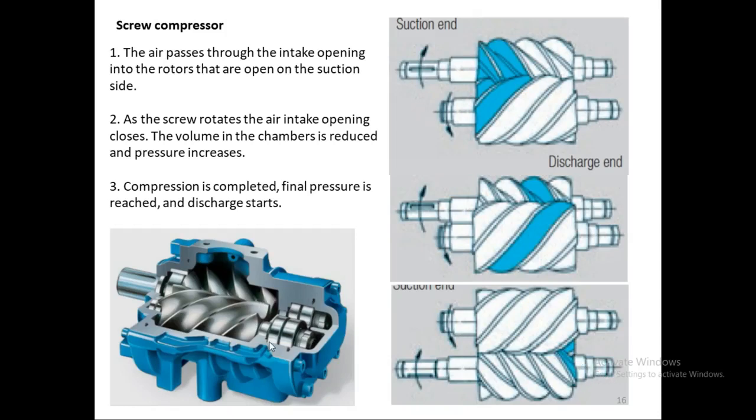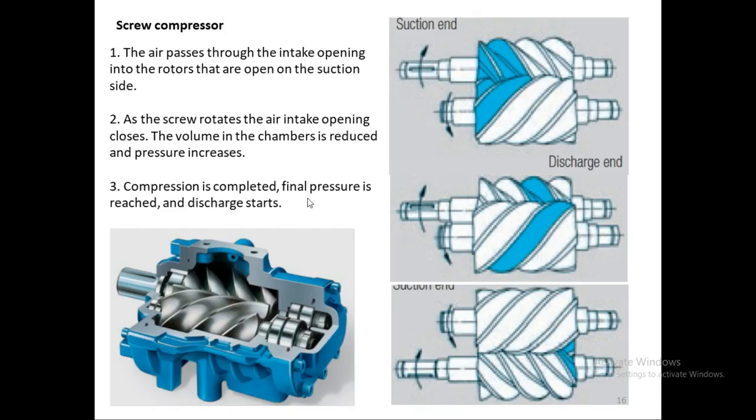This is the figure which is showing the cutout, how these two screws look inside the compressor. The air passes through the intake opening into the rotors that are open on the suction side. As the screw rotates, the air intake opening closes, the volume in the chamber is reduced and the pressure is increased.